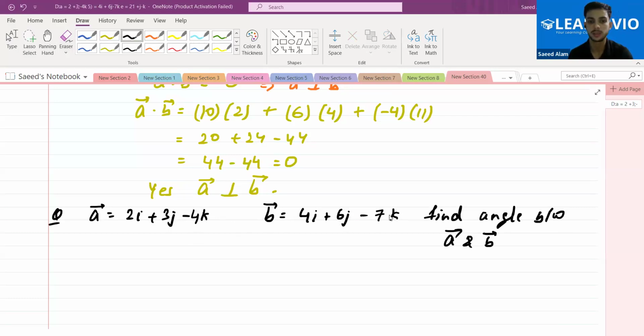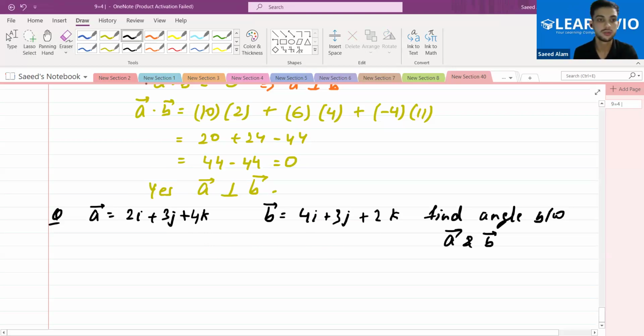Can you give me a particular thing that we can do to calculate the angle between them? Magnitude of A into magnitude of B into cos theta is equal to the dot product of A and B. Yes, she is saying right, in this way we can calculate the angle between them.